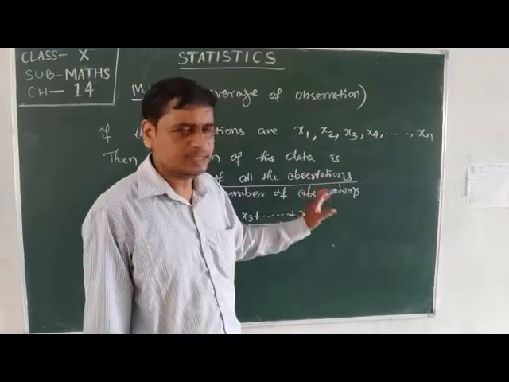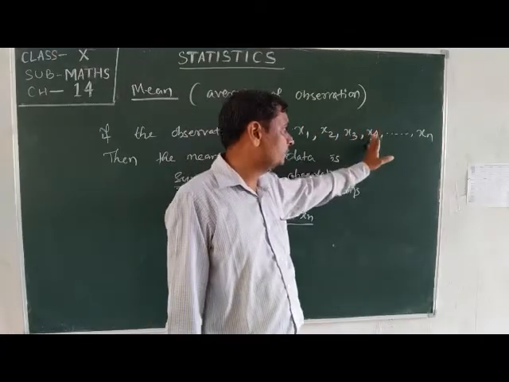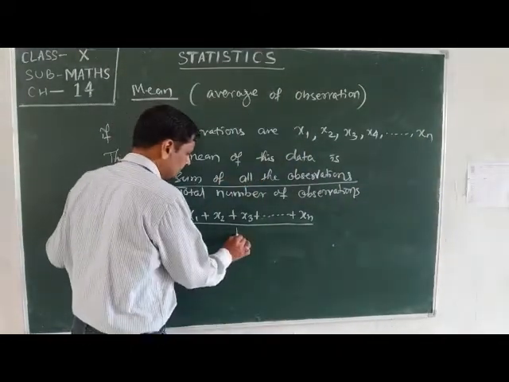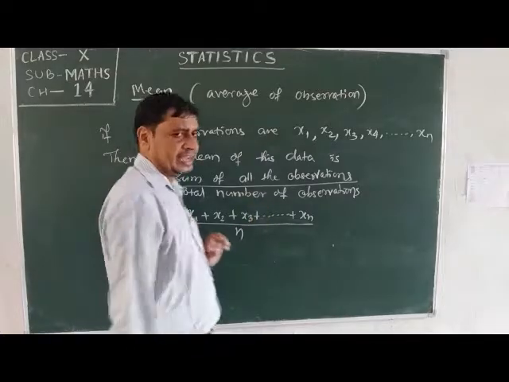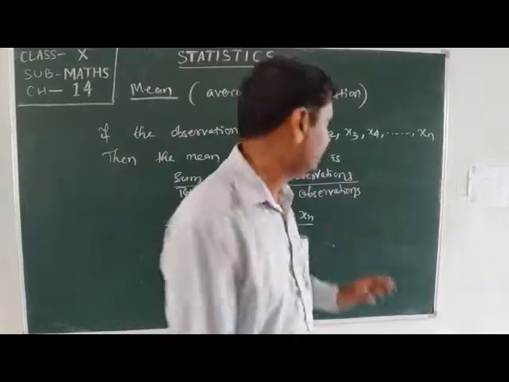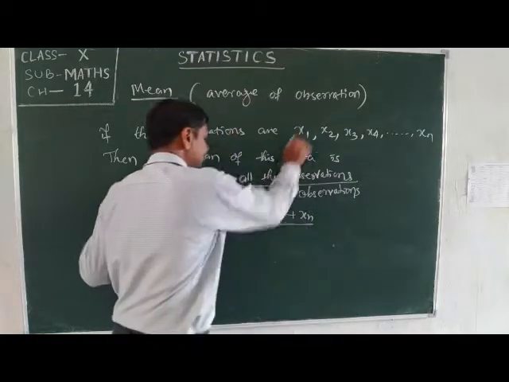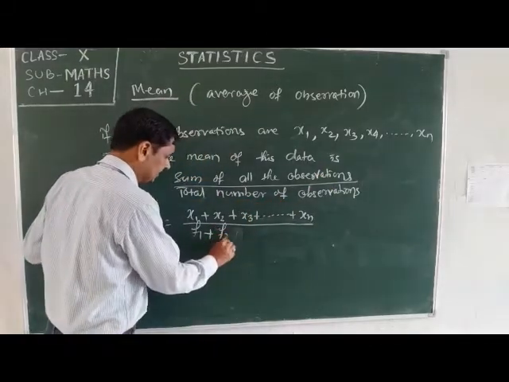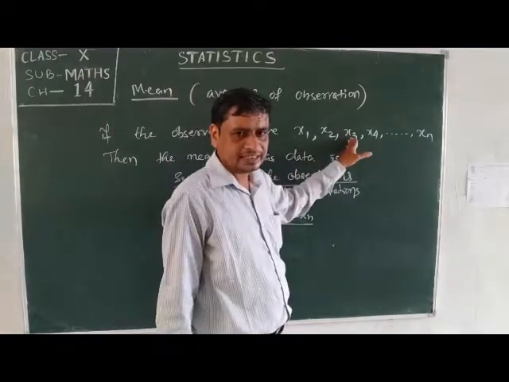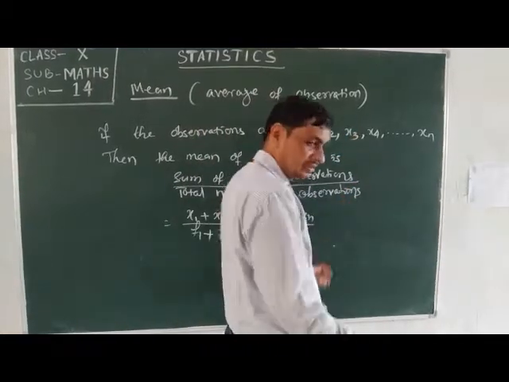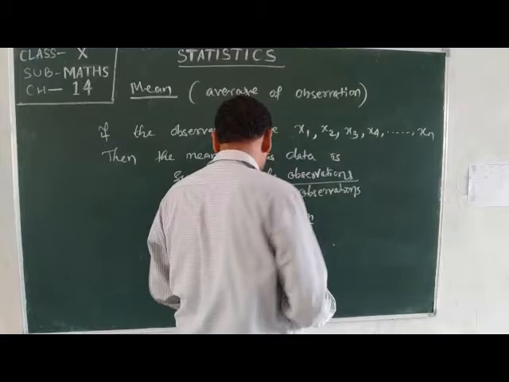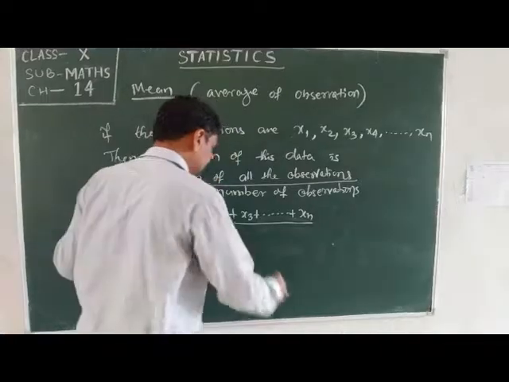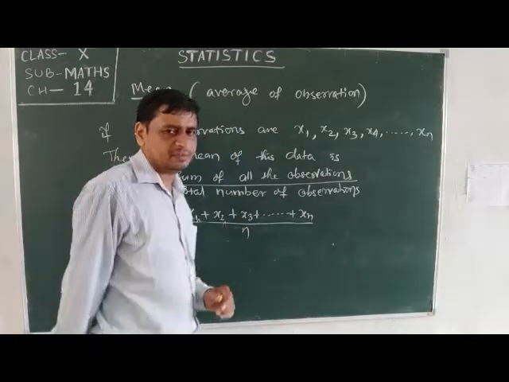If we count the number of observations, 1, 2, 3, 4, 5, 6 up to n, that is n number of observations are there. That is, for x1, the frequency is 1. For x2, only 1 observation is there, plus x3. In this way, we can count up to n.